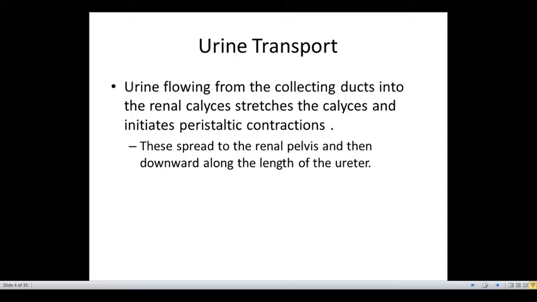These spread to the renal pelvis and then downward along the length of the ureter, forcing the urine from the renal pelvis towards the bladder. These peristaltic contractions are increased by parasympathetic stimulation and decreased by sympathetic stimulation.